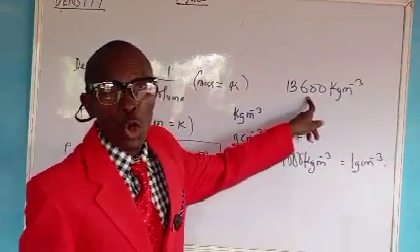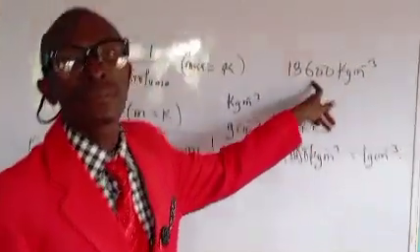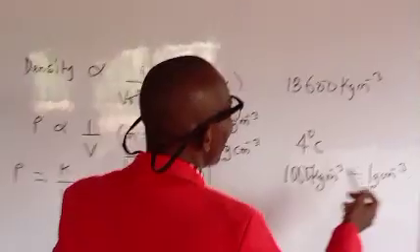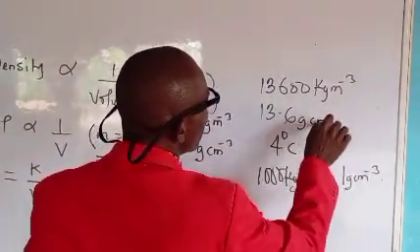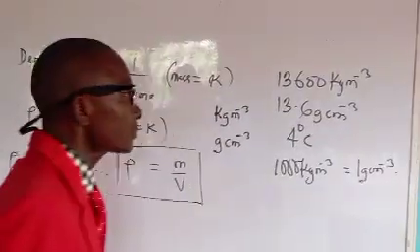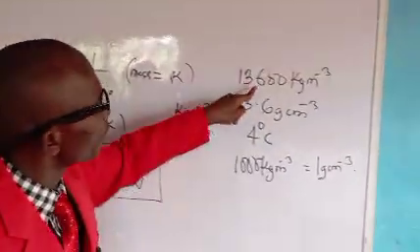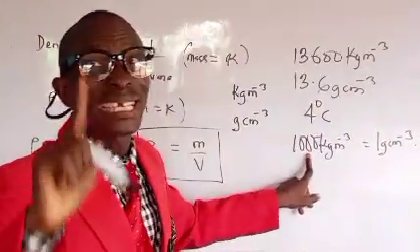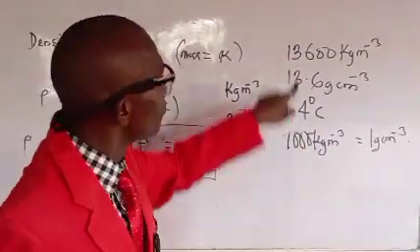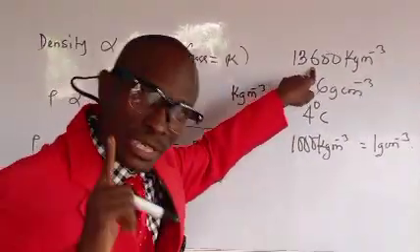That is the density of mercury. Or we can say that is 13.6 gram per cm cube. You see now, this is the density of mercury. Look at the density of water. So the only liquid that is denser than water is what? Mercury. Always take note of that.